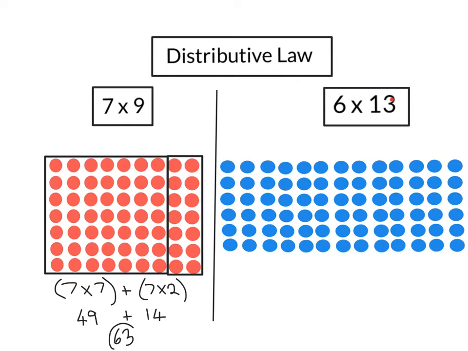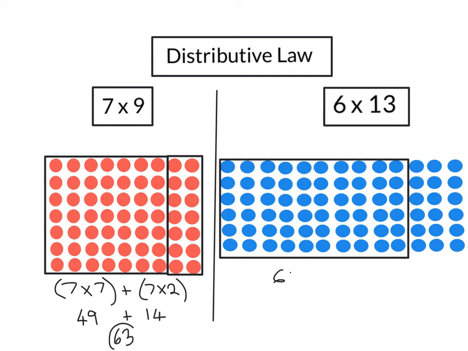We use distributive law actually quite a lot already, especially when we're doing grid method. So for example over here with 6 times 13, we split it into 6 times 10. So here's my 6 times 1, 2, 3, 4, 5, 6, 7, 8, 9, 10. Because we know that 6 times 10 is 60. And then I know that I also need another 3 lots of 6, so 6 times 3, which is this bit here.